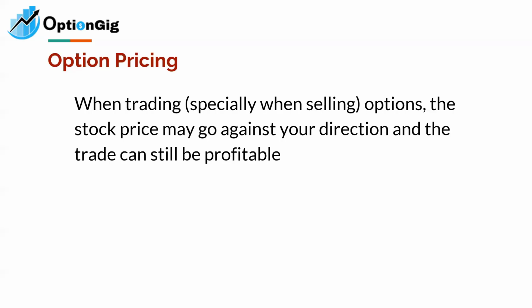But the trade still got closed because even though the stock went against our directional assumption, the option trade can still be profitable. And that's where there's a big difference between stocks and options. Specifically, when you're selling options.